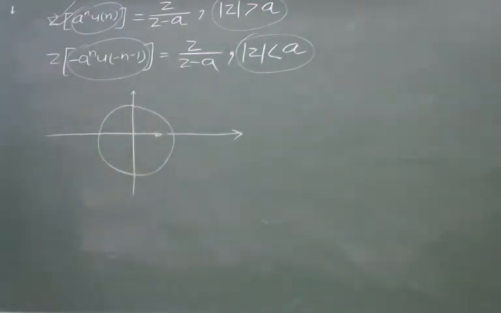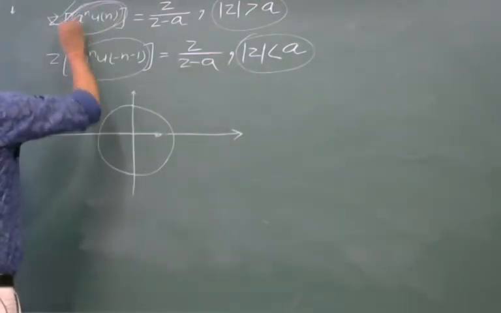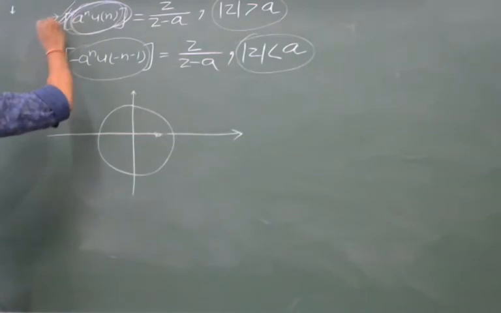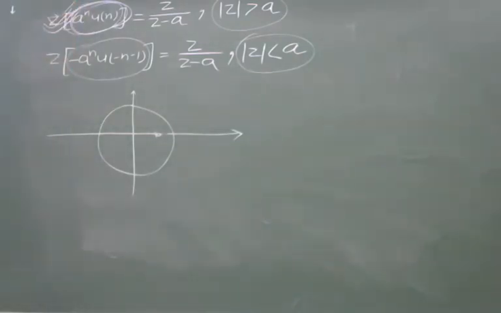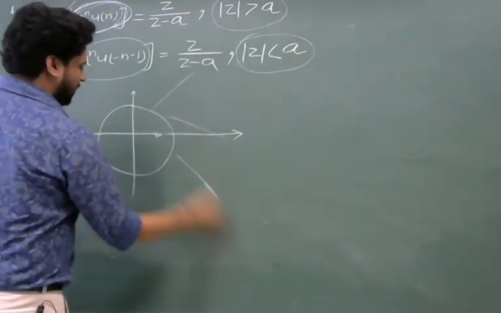For that case, the Z transform for a power n u of n will exist only if mod z is greater than a, meaning outside of this circle.